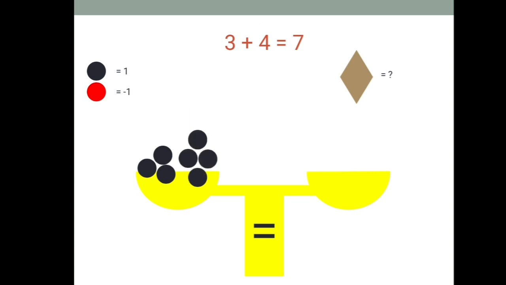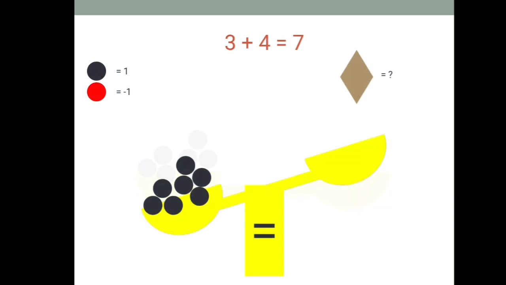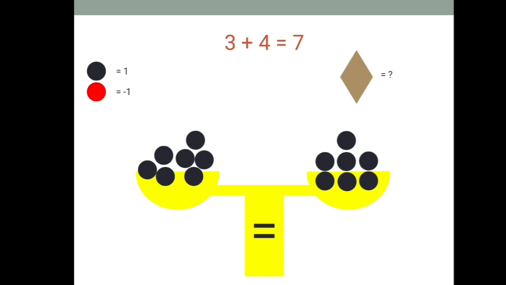And what happened to the scale? The scale becomes unbalanced. Why? Because we only operated on the left hand side. So we should put 7 black balls to interpret 7 in the right hand side like this. And how's the result?